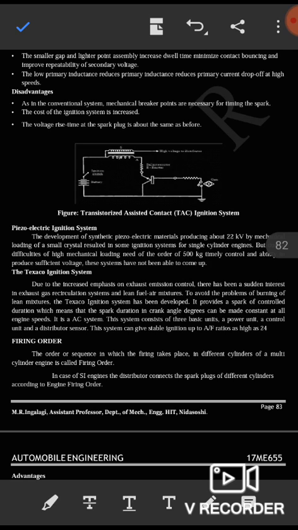This provides a spark of controlled duration, which means the sparking duration in crank angle degrees can be made constant at all engine speeds. It is an AC system. This system consists of a basic unit, a power unit, a control unit, and a distributor sensor. It can give stable ignition at air fuel ratios as high as 24.